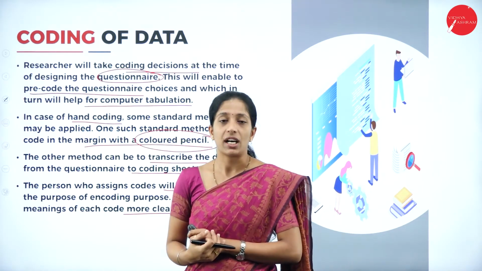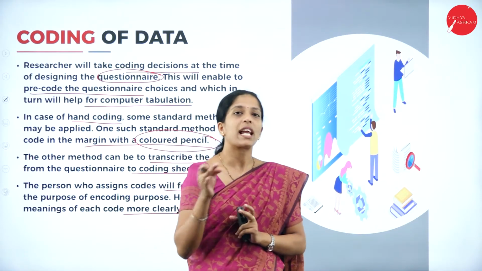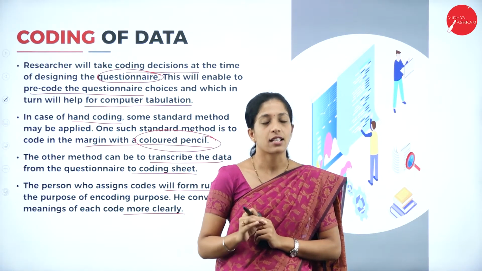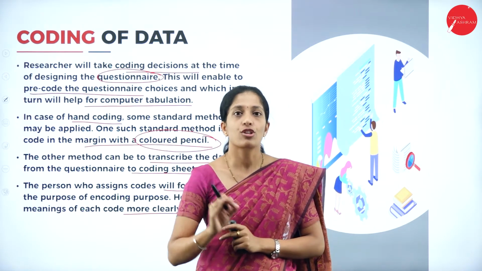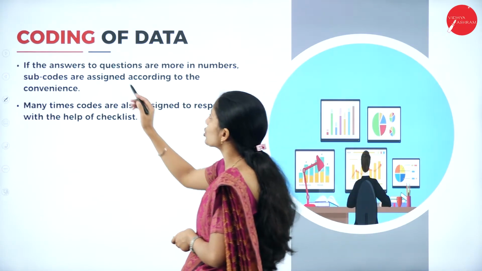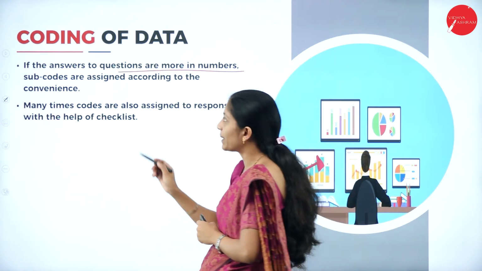What you have to remember here is that coding means assigning numbers, symbols or any other alphabets to each and every answer in order to analyze the data very easily and quickly. If the answers to questions are more in number, then subcodes may also be used.